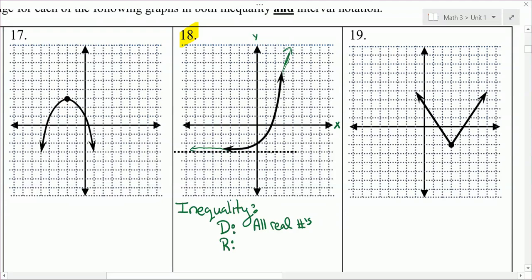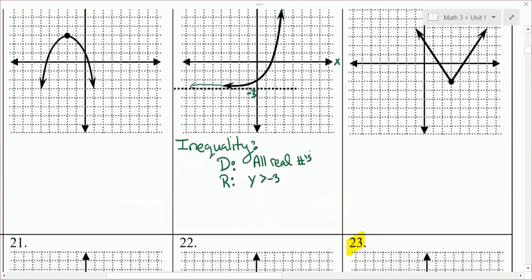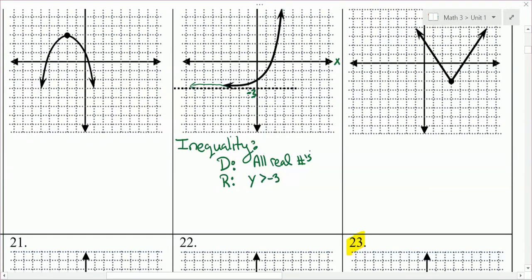It's actually not going to touch it, and that's happening at -3. But it's going to go as high as we want. So it's got to be anything bigger than -3. And so that's what I'm going to write: all y values bigger than -3. You don't want to say bigger than or equal, because it won't touch there, but just greater than.